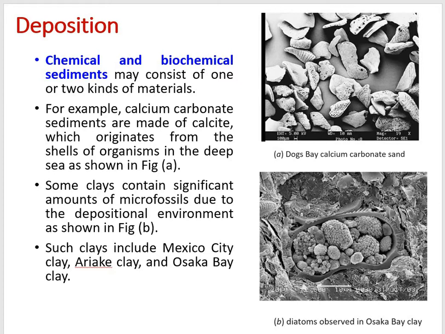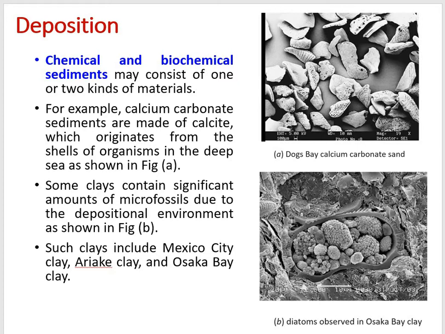These are microstructural images of the particles. The first example is the calcium carbonate sediments, which are made of calcite, and they originate from the shells of organisms in the deep sea.